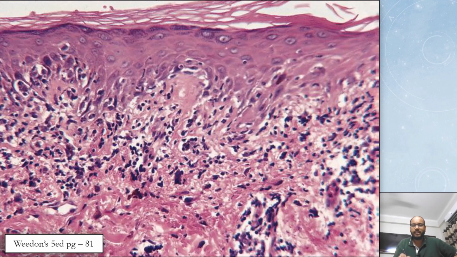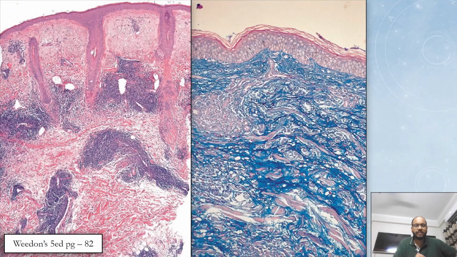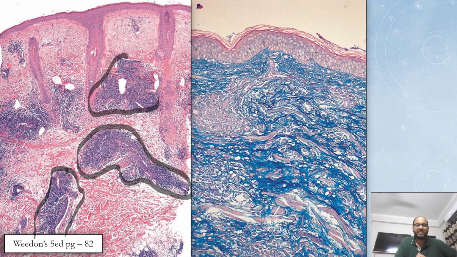So this is DLE. You have the involvement in the upper layers of the epidermis. Let me just switch the pen color. So, okay, the upper dermis is involved, and if we move forward, can you see this deep dermal involvement, deep dermal perivascular involvement? Okay, look at this dense infiltrate, dense lymphocytic infiltrate.